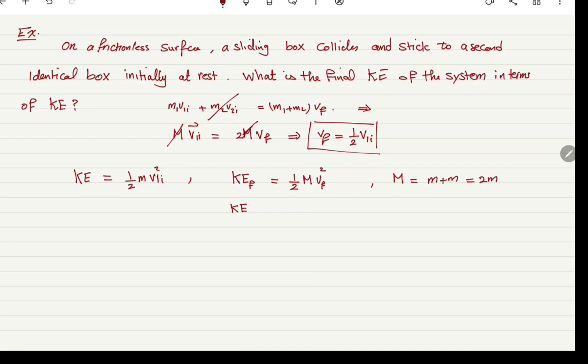Now final kinetic energy equals half 2m, and v final equals half v1 initial, so half v1 initial squared. Rearranging this, you will get the final kinetic energy equal to 1/2 m v1 initial squared, or half the initial kinetic energy.